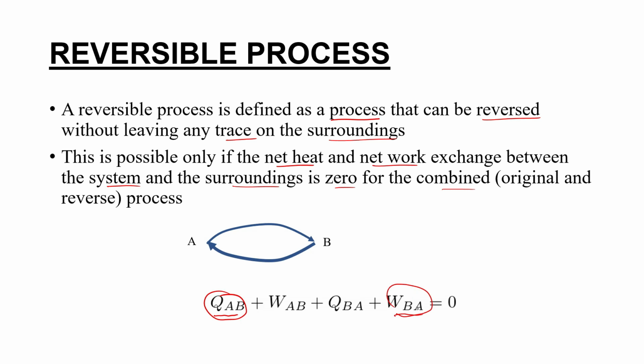If you sum all these up, you will get 0. That means if you are releasing QAB here, then in this process it should absorb that QAB. If you are producing work here, you need to supply work here. Like that, the sum of all these should be 0. So this is what you mean by a reversible process.